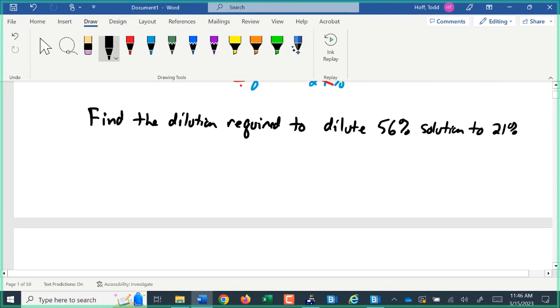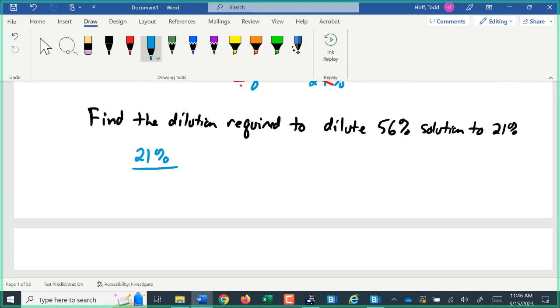To find the dilution required like this, we take the smaller percent, the diluted concentration, that's 21%, over the larger percent, the 56%, and reduce this to a ratio, so the percents cancel out.